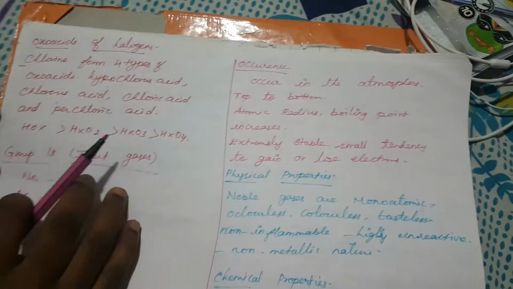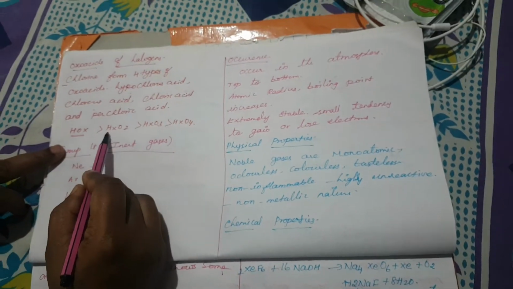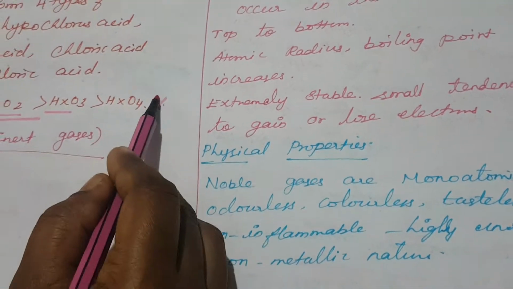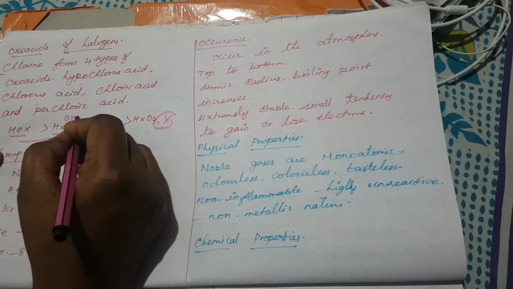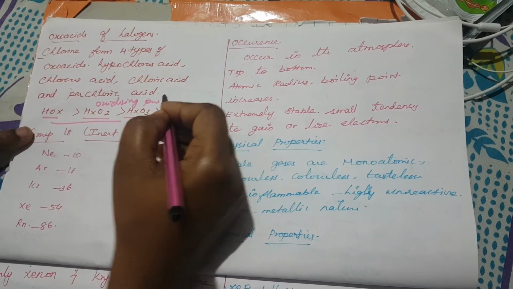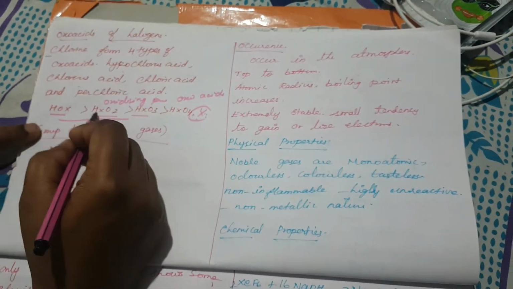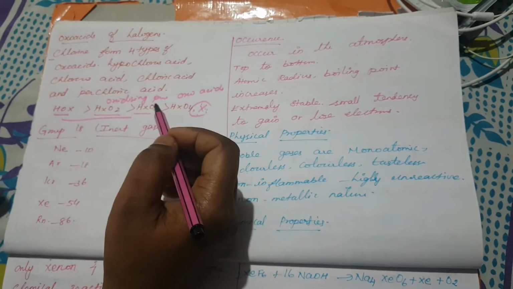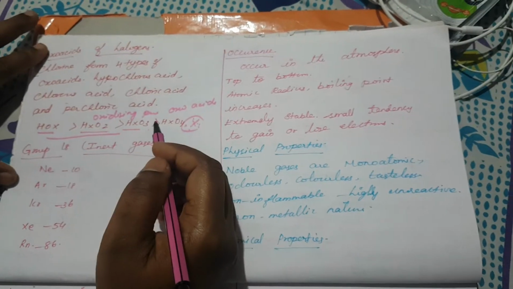Suppose they are asking for the order of the oxidizing power of oxoacids: HOX, HXO2, HXO3, HXO4. So these are the oxoacids of halogen. That's all about the interhalogen compounds.